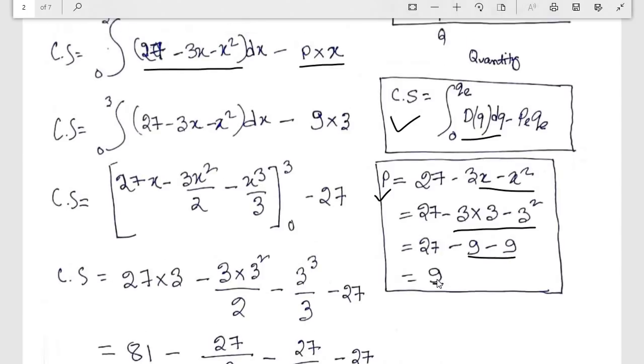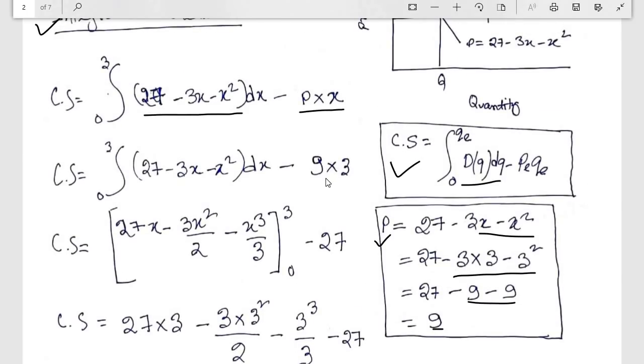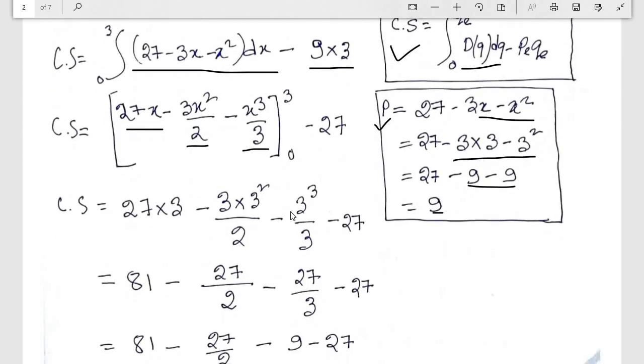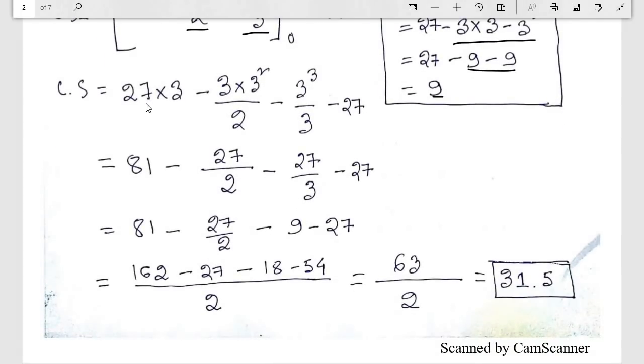It's very simple, guys. Then we will multiply 9 into 3 here, and similarly we apply the integration method here. So it will become 27x minus 3x square by 2 minus x to the power 3 divided by 3. Then we simplify it here.